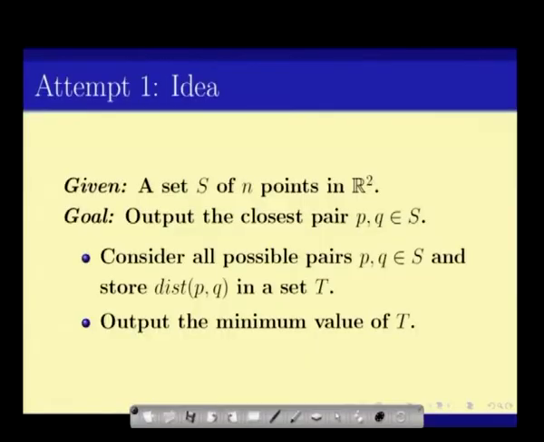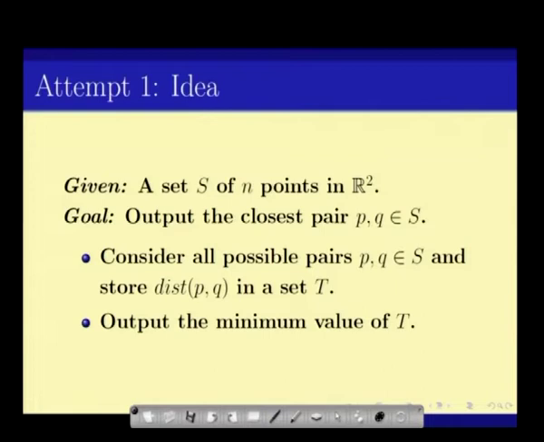That is a number, and you store it in a table or in a set T. After you have compared all possible pairs p and q, you output the minimum value of all the numbers in this set T. Clearly, this will give you the right answer, because we have gone through all possible pairs p and q, noted down their distance, and output the minimum value.